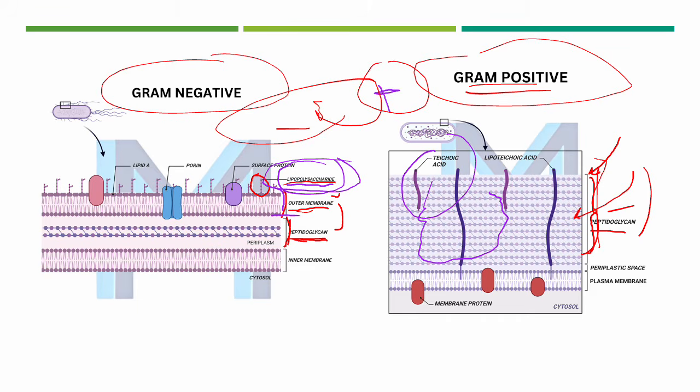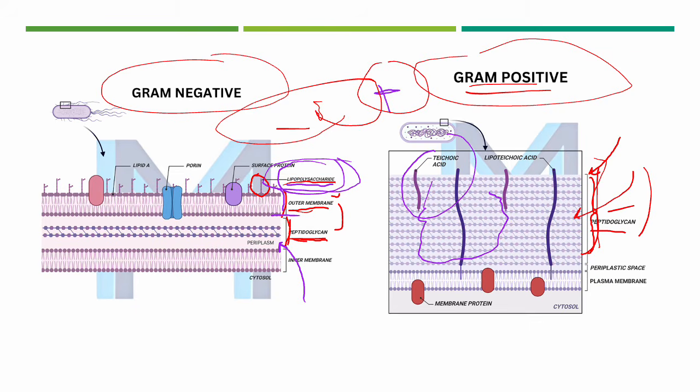Another difference is the periplasmic space, seen here, right? And in gram-positive, it's very narrow or even absent. And there is only a small space between the plasma membrane and the thick peptidoglycan layer, as you can see illustrated here.